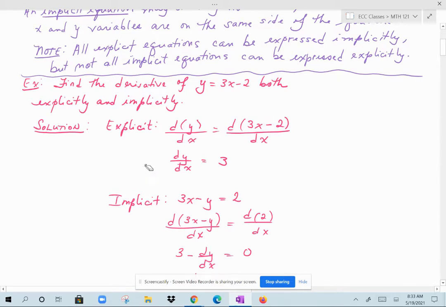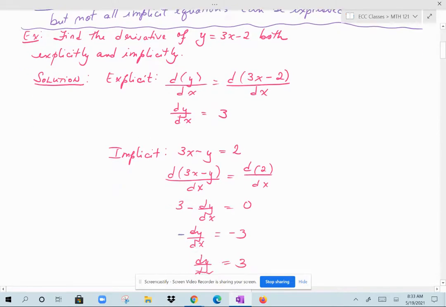Now, if I take this equation and rewrite it implicitly, that means I want my x and my y on the same side. So 3x minus y is equal to 2 is the same equation. So when I take the derivative on the left side and the right side with respect to x, the derivative of 3x with respect to x is 3, and the derivative of y with respect to x is dy/dx or y prime.